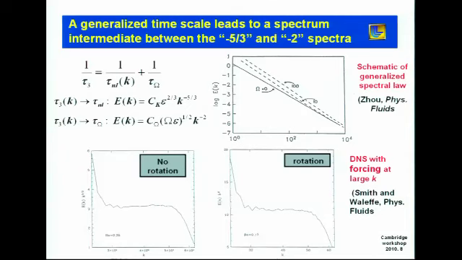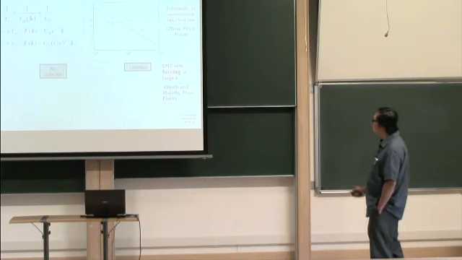Once you have this more general structure, you can easily recover the classic Kolmogorov spectrum with k to the minus 5/3. Also, when you go to the other limit of strong rotation, the energy spectrum goes to k to the minus 2.